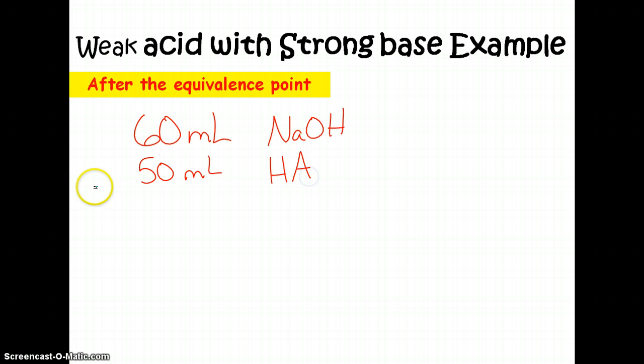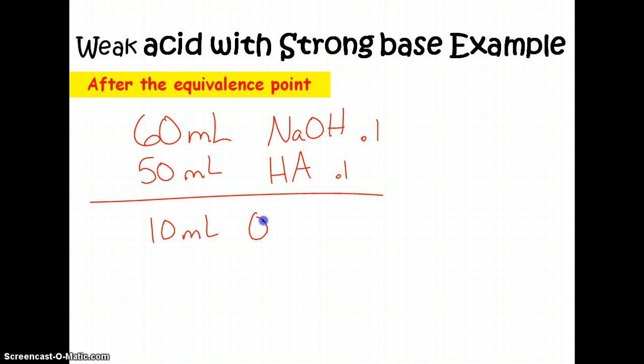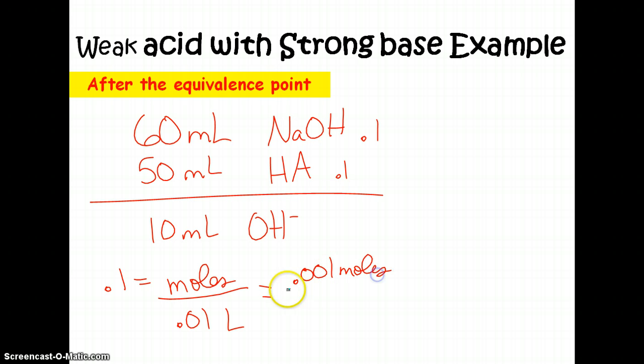I had 50 mL of the acid at 0.1, and this was 0.1, so I used 10 mL more of the OH than I needed. So I have 10 mL extra of OH minus. My concentration of the OH is 0.1, and I had 0.01 liters. Multiplied that across, and I had 0.001 moles.